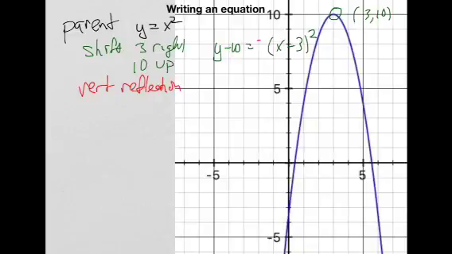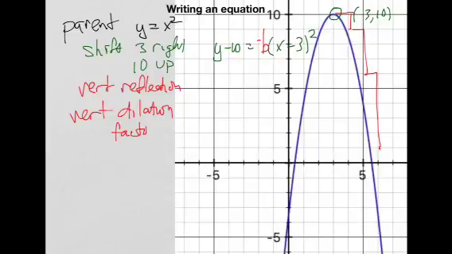But I also look and see, does it match my undilated parabola? We know it's a dilation there. Now for me, often the easiest way to deal with this is I'm just going to say I have a vertical dilation, and the dilation factor is b. And I know that b has to be less than 0 because it has this vertical reflection.